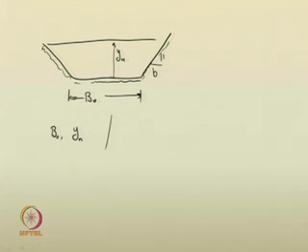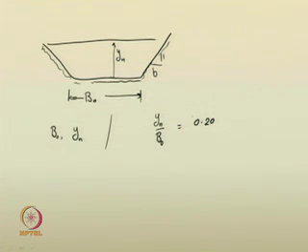Here in the problem it is suggested that y n by B 0 is equal to 0.2, one design specification given to you. That means, if you find any normal depth for the flow, then the bottom width of the channel should be 5 times that normal depth.